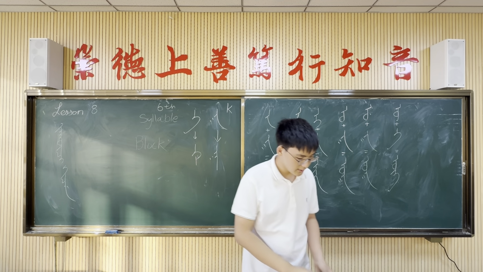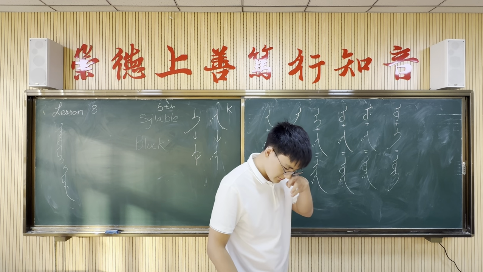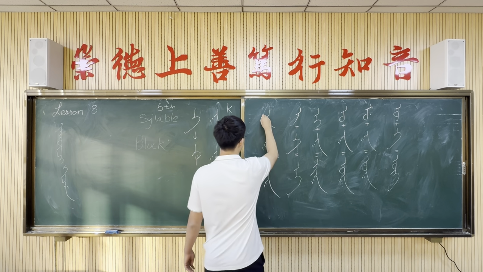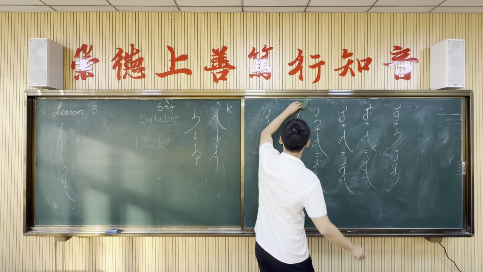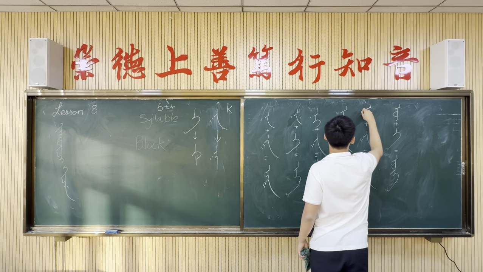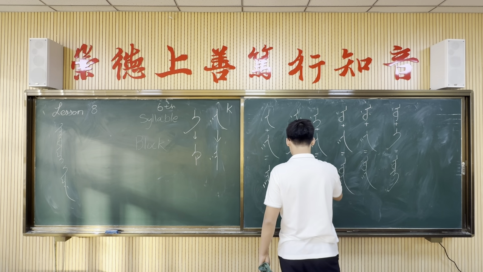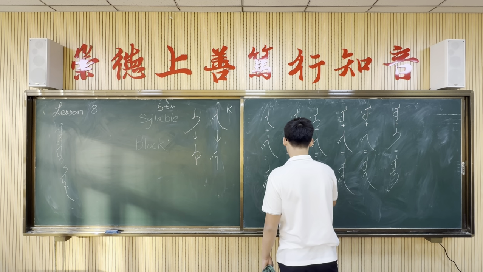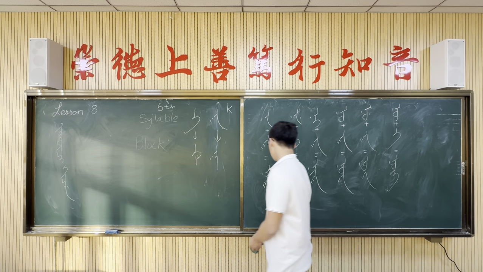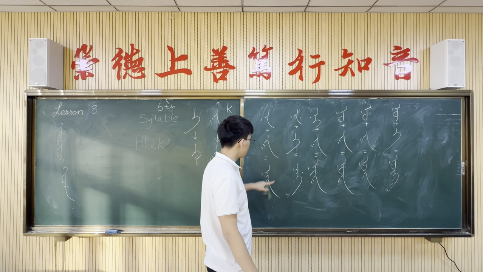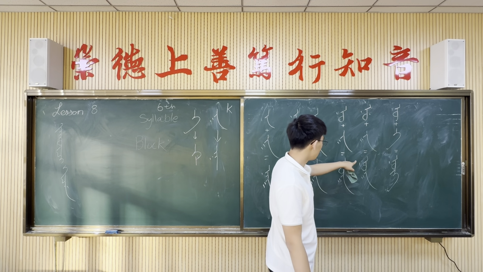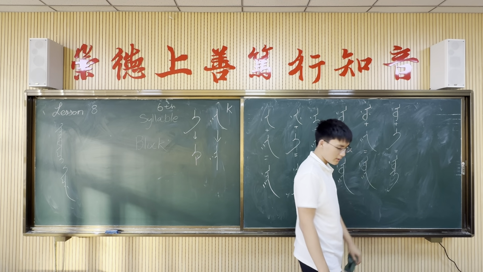Okay, now we're gonna move on to more examples. So we have na, ne, ni, no. Knock, nook, neek.